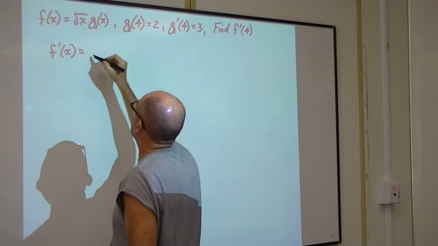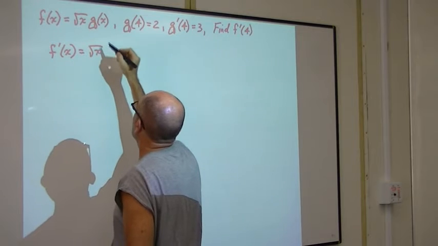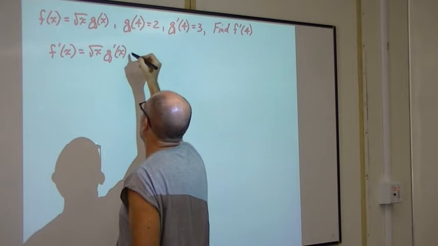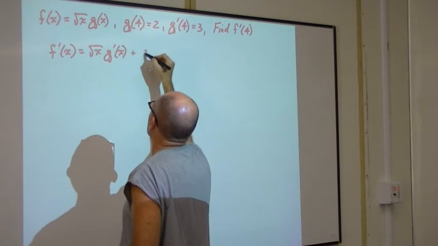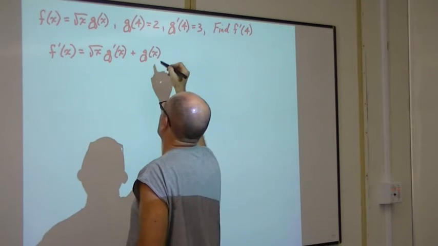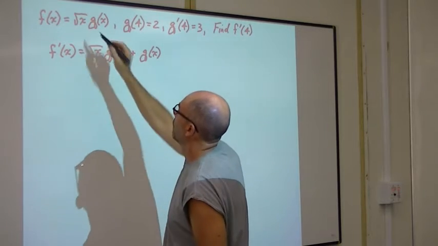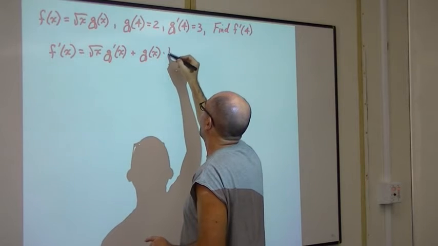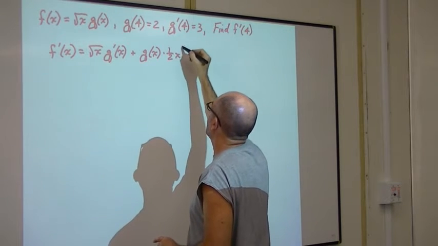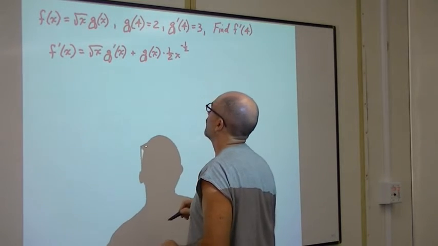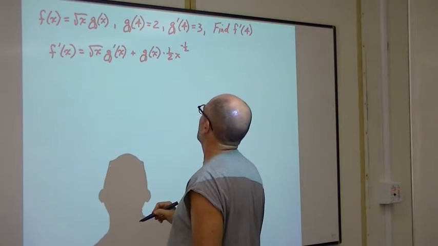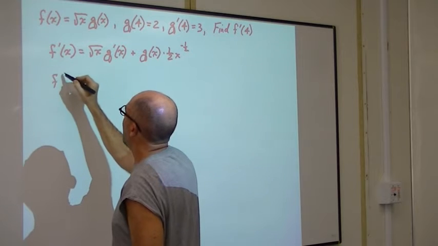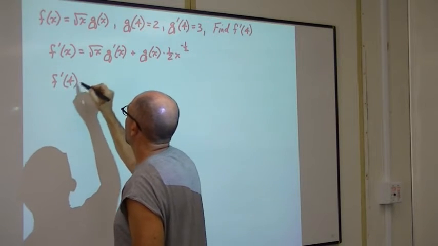So f prime of x here equals the first times derivative of the second plus the second times derivative of the first. Now the derivative of x to the 1/2 is 1/2 x to the negative 1/2. Okay, so yeah, let's just leave it like that. Now what we're doing is we're looking for f prime of 4.